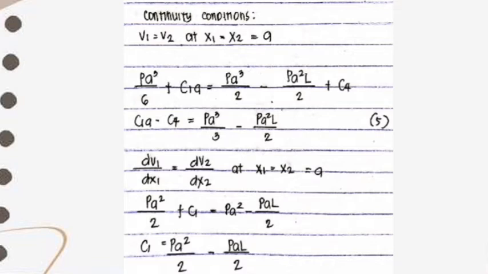So C1A minus C4 is equal to PA cubed over 3 minus PA squared L over 2. So dV1 over dx1 is equal to dV2 over dx2 at x1 is equal to x2 equal A. PA squared over 2 plus C1 is equal to PA squared minus PAL over 2. So our C1 is equal to PA squared over 2 minus PAL over 2.